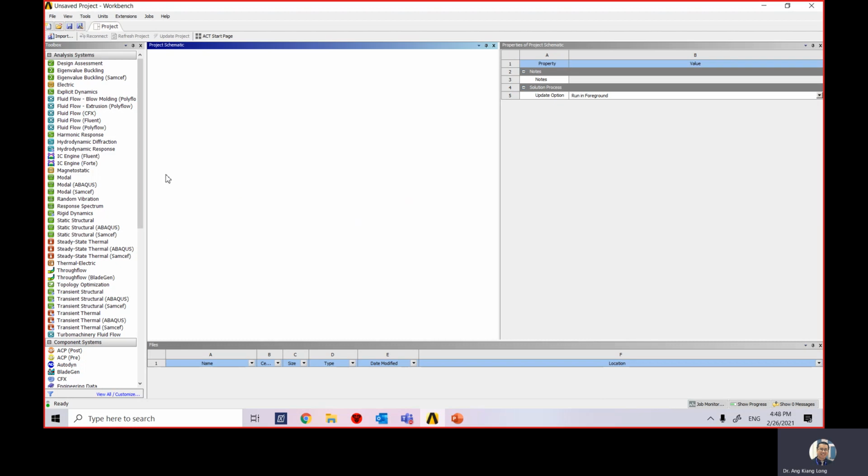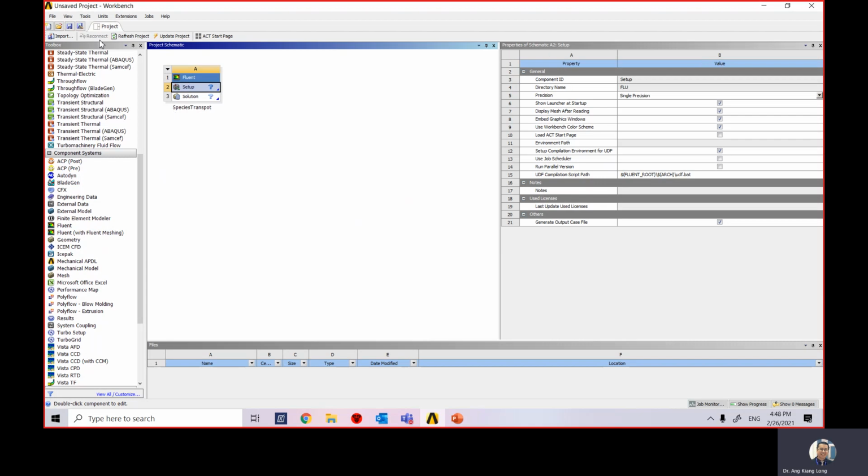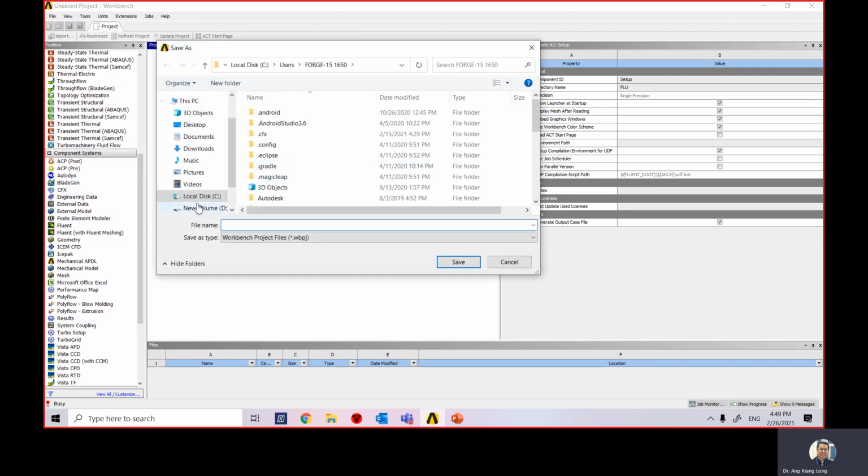So in this process, we're going to our Fluent here. We double click Fluent. Inside here, you save the project as species transport, and then go to File and save the project.